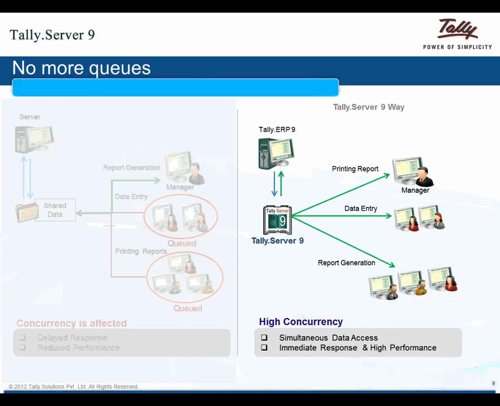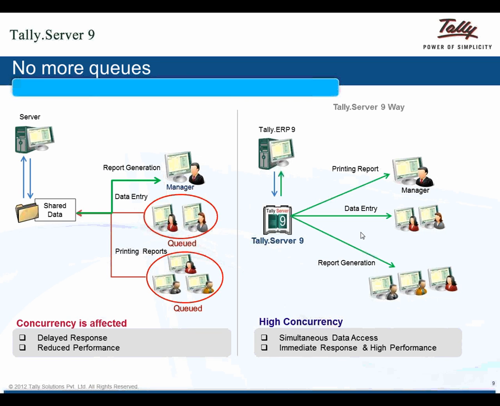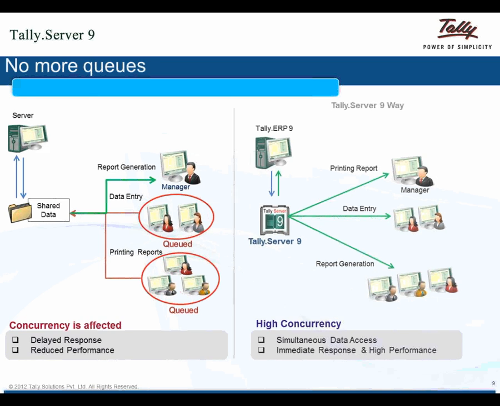So a report can be generated, data entry can be performed, and reports can also be printed, each user with a separate session. Hence, you can expect simultaneous data access, immediate response and high performance from Tally Server 9. We'll also understand in depth with the next example.